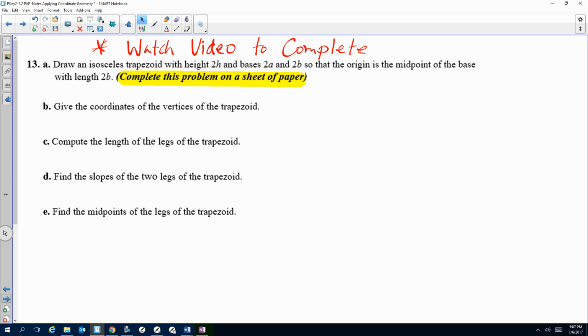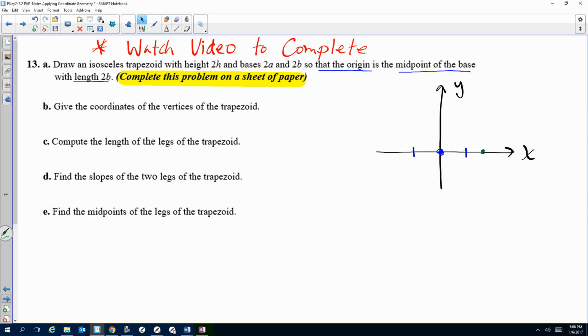So, start off with your x and y axes. Doesn't have to be perfect. But this is key. We're going to have the origin be the midpoint of the base with length 2b. So that means the distance between the two points is equal distance from our y-axis. I'm going to make my trapezoid green.